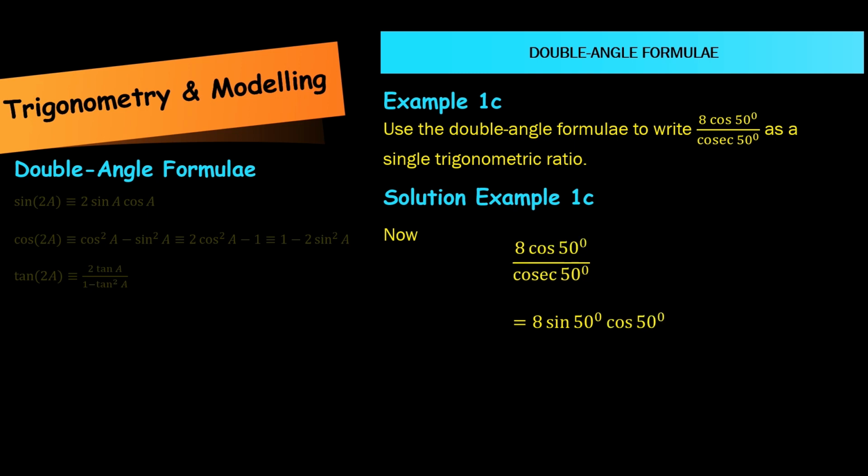You may be able to spot sin A cos A somewhere in the double angle formulae. And hopefully you can see why we've split 8 as 4 times 2.